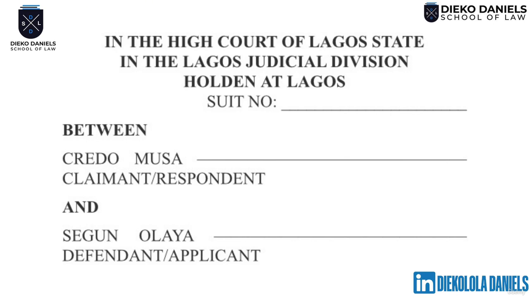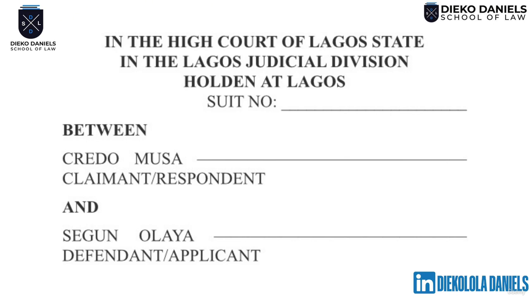The person bringing the application is the applicant, while the other party is the respondent. I gave you further and detailed explanation of this in our Module 8, interlocutory applications. When I taught interlocutory application under Module 8, I gave further and detailed explanation of this.